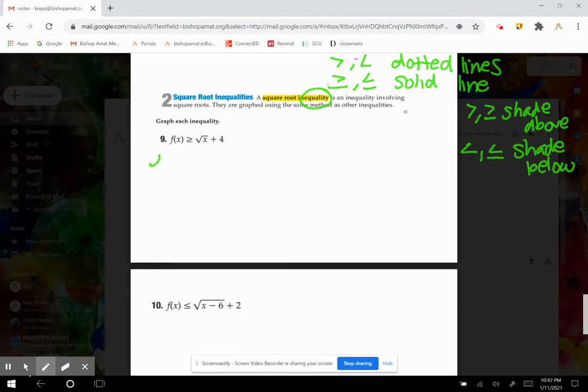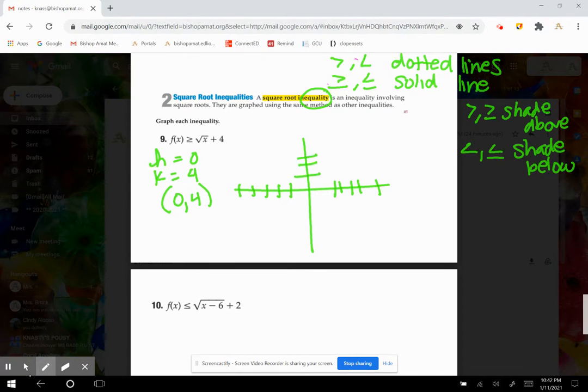Okay, so same steps below. You need to find your h and your k. My h here is 0, my k is 4. My starting point, my vertex, is 0, 4. Use your calculator to plug that in to get the second accurate point for me.